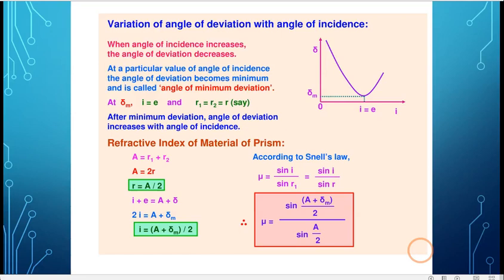Therefore, we denote it as delta M. Now for delta M, I becomes equal to E and R1 is equal to R2 is equal to R. After minimum deviation, angle of deviation increases with angle of incidence.